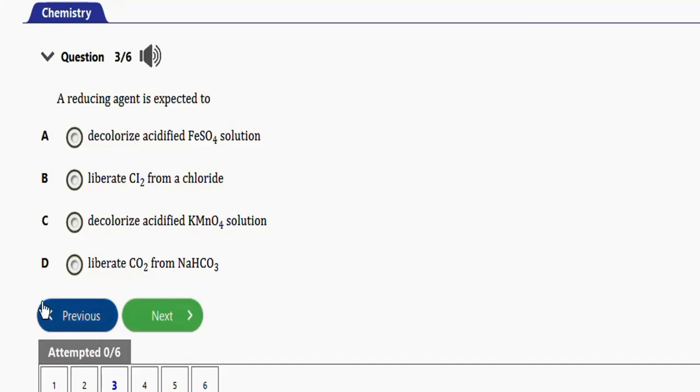So the right option to this question is option C, decolorize acidified potassium manganate(VII) solution. So that's it for this question.